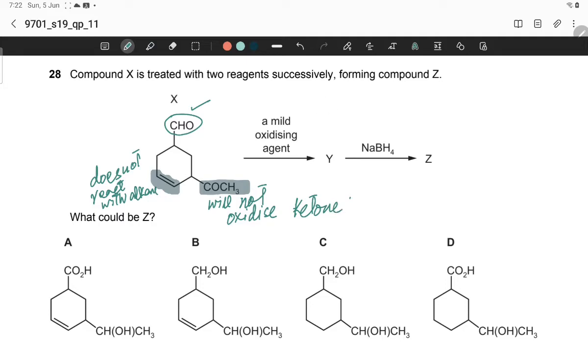So the product Y will be like this. COCH3, and over here carboxylic acid. So when NaBH4 reacts with this compound, what will be the possible product?